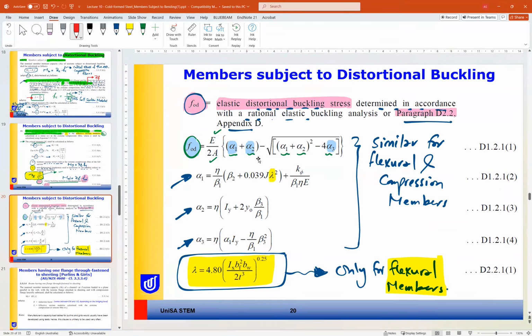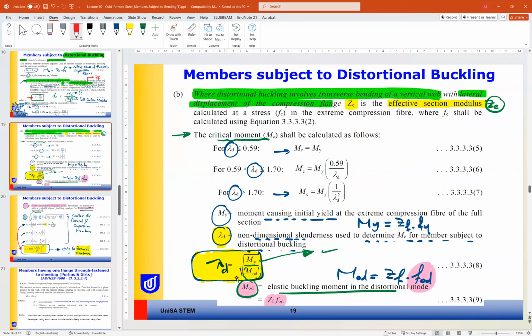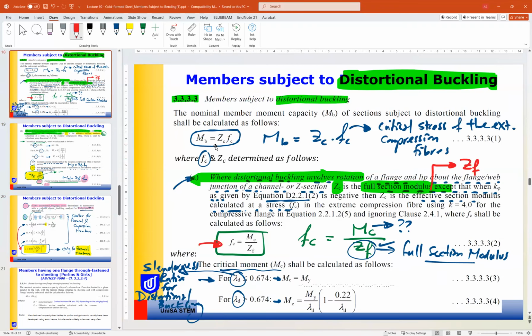So to find alpha 1, especially, alpha 1 needs lambda. Lambda equal to this formula here. So if we know lambda, we can find FOD, we can find lambda D, so we can decide which MC. If we know MC, we can find MB. So this is the member capacity for members under distortional buckling.